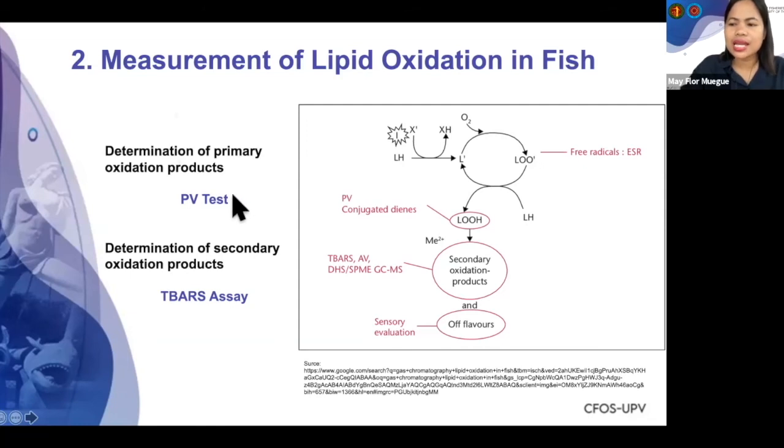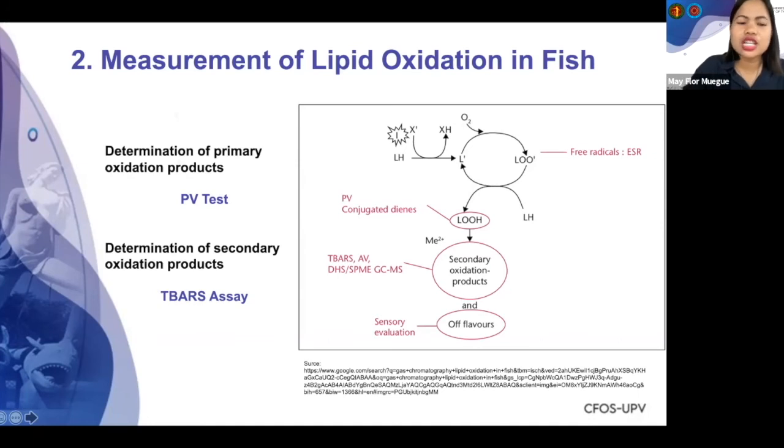Okay, so the fatty acid radical is not a very stable molecule. So it reacts readily with molecular oxygen, thereby creating a peroxyl fatty acid radical. This radical is also an unstable species that reacts with another peroxide.